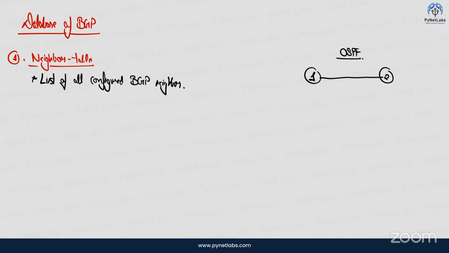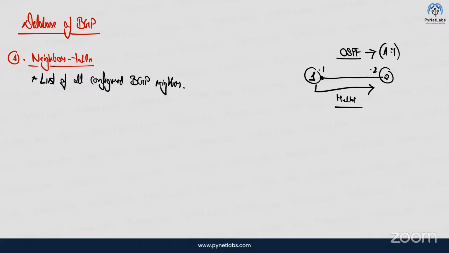You know that in case of OSPF there is an adjacency table. I'm writing AT as adjacency table, which in simple terms means the neighbor table. Here I'm having .1 and .2 as the IPs. In case of OSPF, the routers are going to exchange hello messages, and after exchanging the hello messages with the help of the advertisements, they are going to form the neighborship.